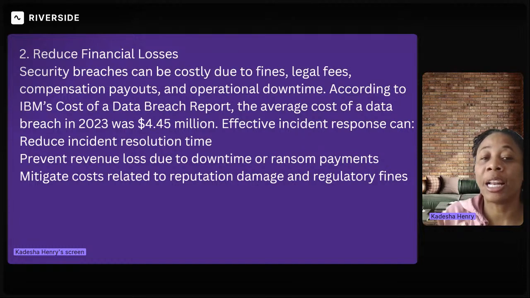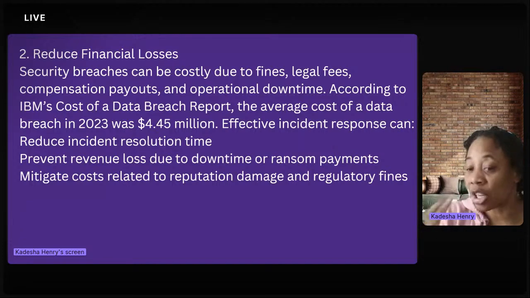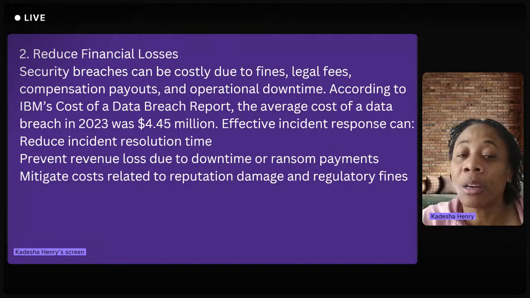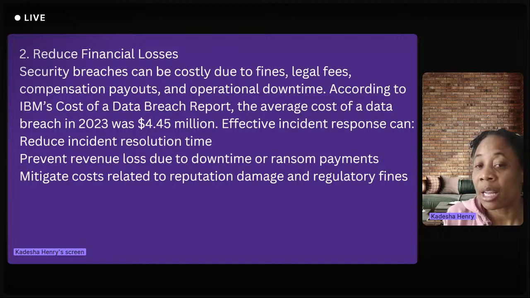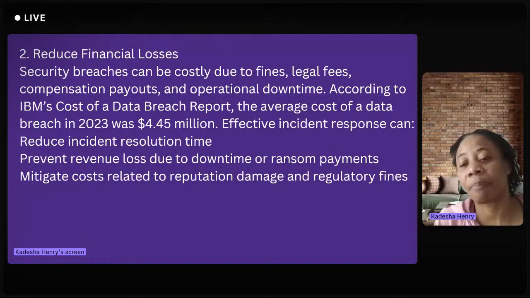I look at some data right here from IBM. The average cost of a data breach in 2023 was 4.545 million, right? And an effective incident response plan can reduce this. You can resolve it if you have a good incident response plan.